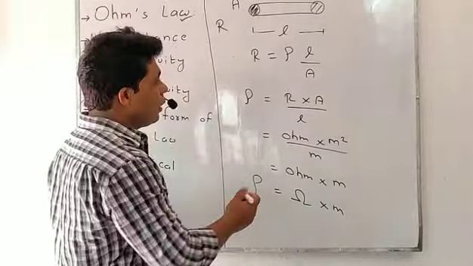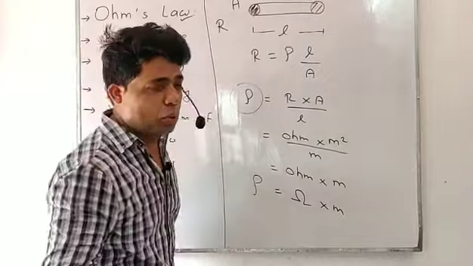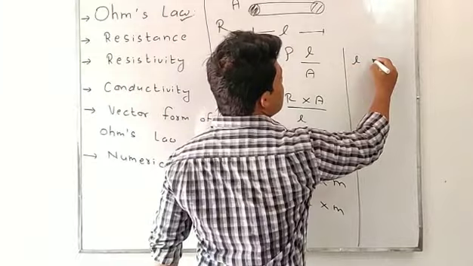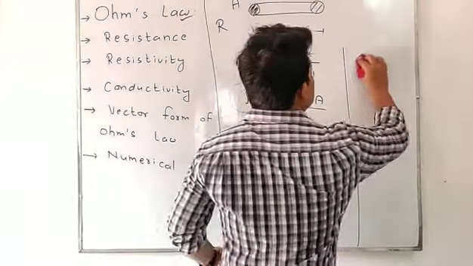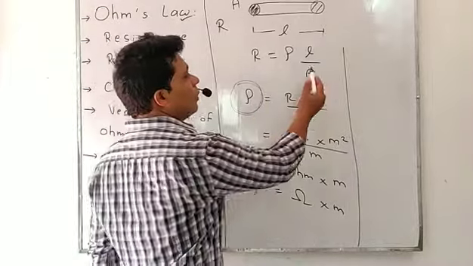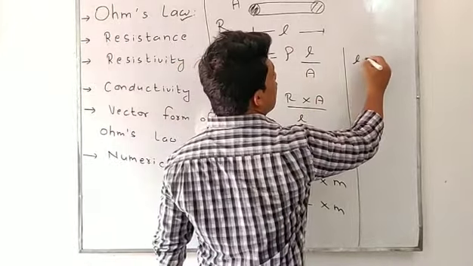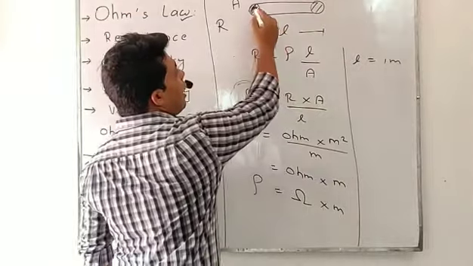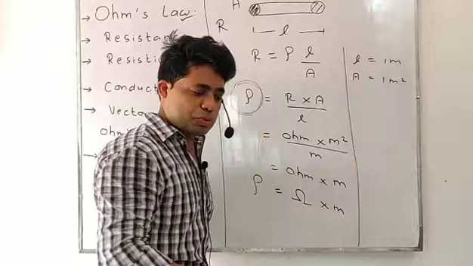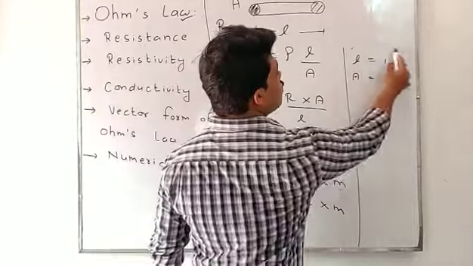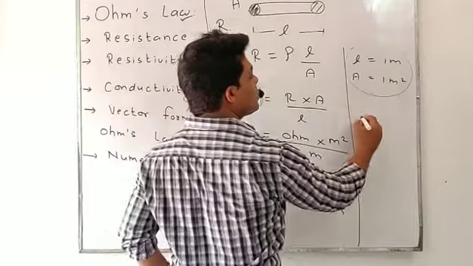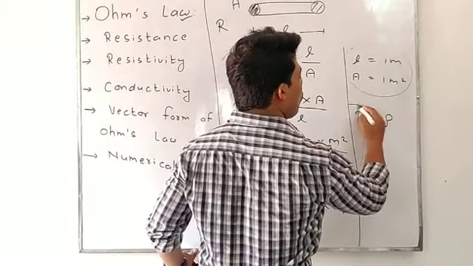Now students, how can I define this rho? Look, suppose the length of this conductor wire is unit, like one. Now we'll define this rho. If the length of this conductor is 1 meter and its area of cross section is 1 meter square, that is, if both are unit, in that condition R equals rho.